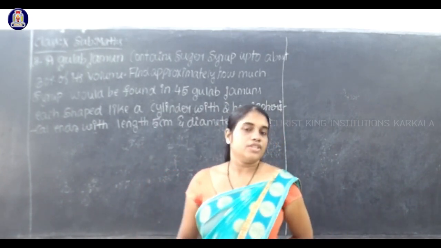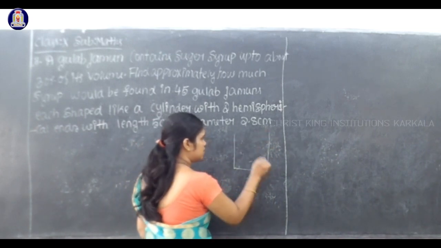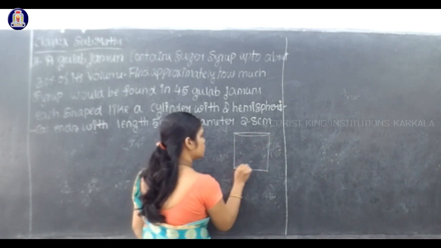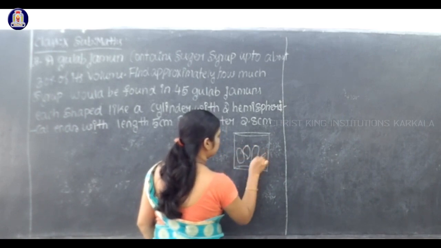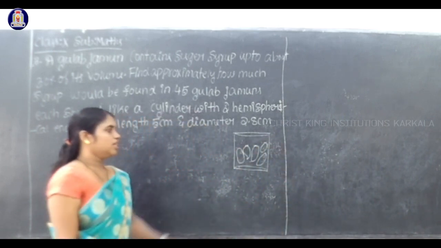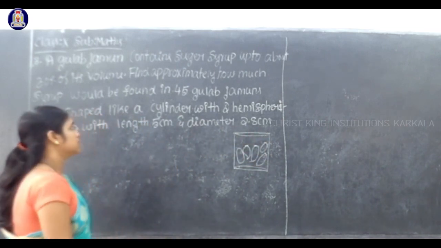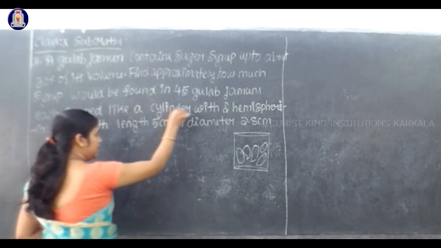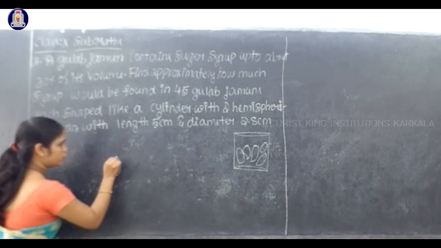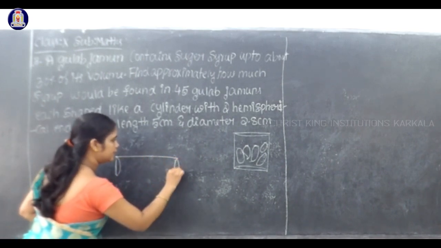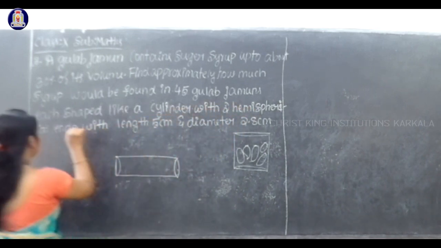So first I draw the figure. Suppose this is your container. This container contains some gulab jamuns. The shape of the gulab jamun they mentioned here is a cylinder. So first I consider a cylinder. This is a cylinder with two hemispherical ends.